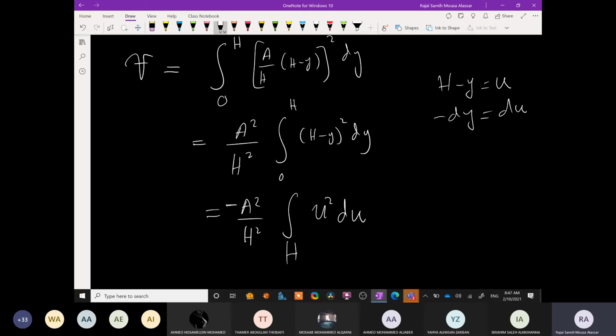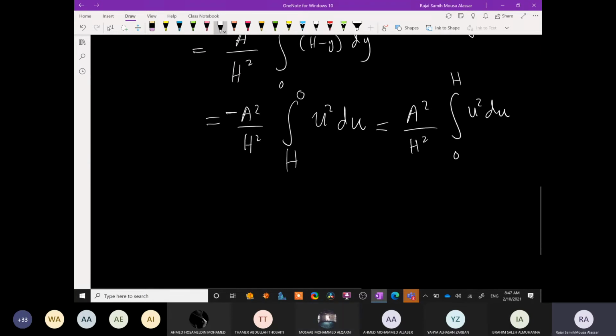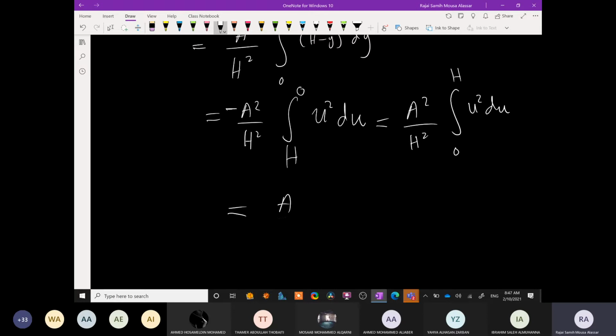It is h. And if y is h, what is u? 0. So the limits can flip. So this is a squared over h squared, integral from 0 to h of u squared du, which equals a squared over h squared times u cubed over 3 from 0 to h.